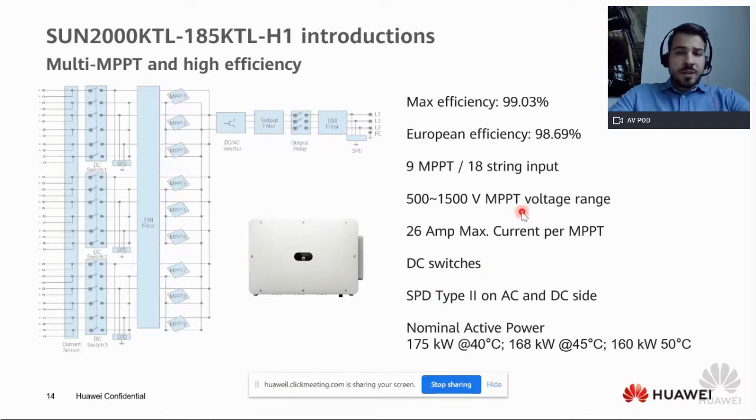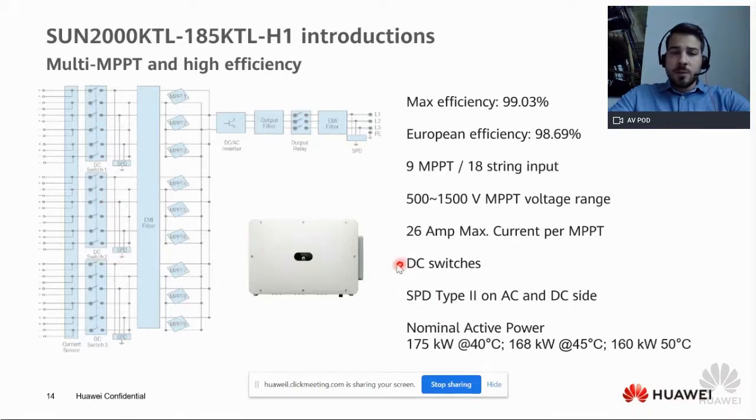The maximum power point tracking voltage range is between 500 and 1500 volts. The maximum current is 26 amps for each MPPT. The short circuit current for each MPPT is 40 amps, and we have the DC switches included, 3 of them on the DC side.